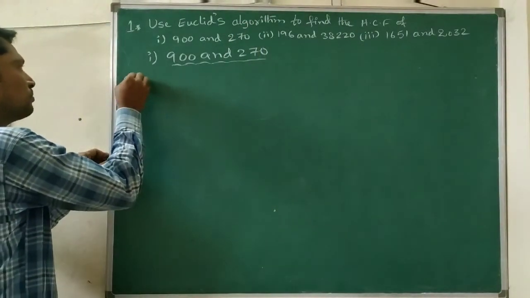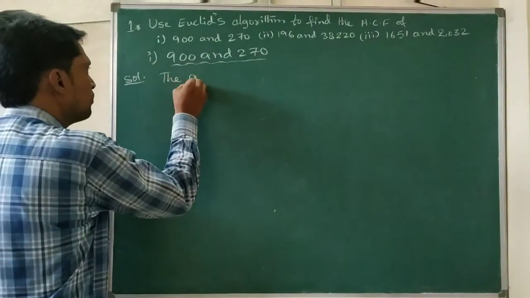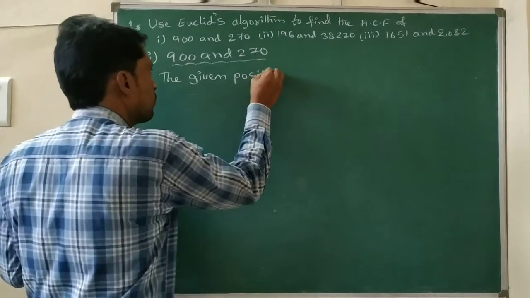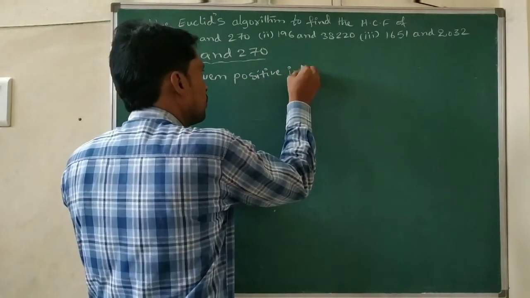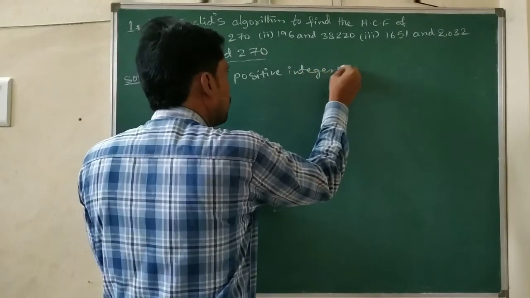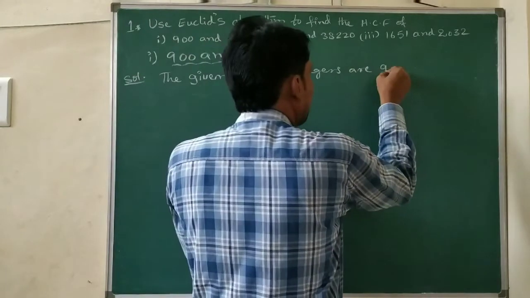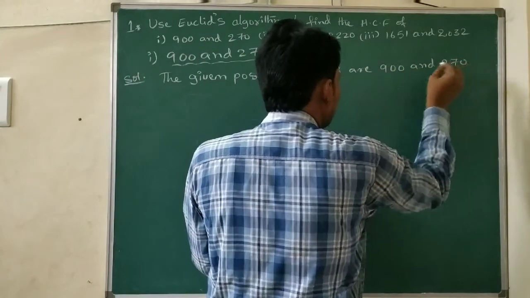Now, solution. The given positive integers are 900 and 270.